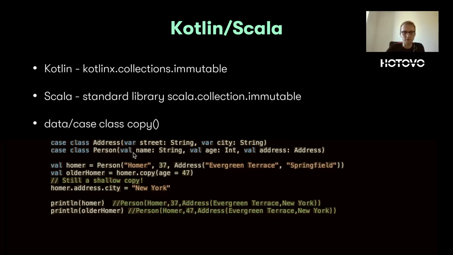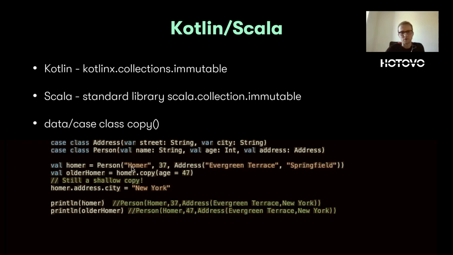By default in Scala, all the properties of this class are immutable. These are val references, but nothing prevents you from creating mutable references. Java 16 added records that provide similar functionality. They're immutable.